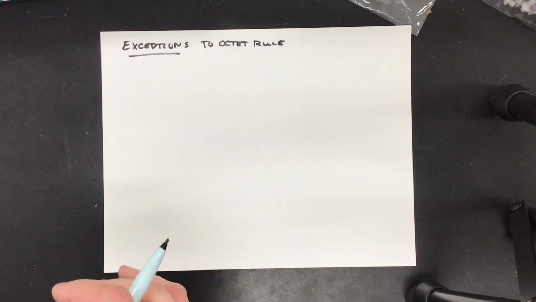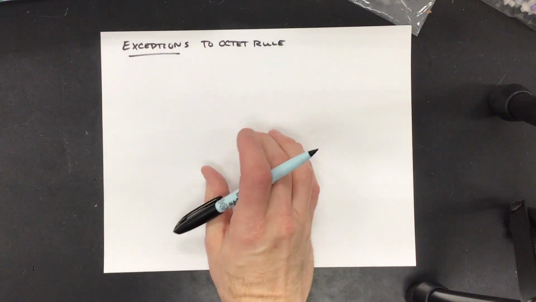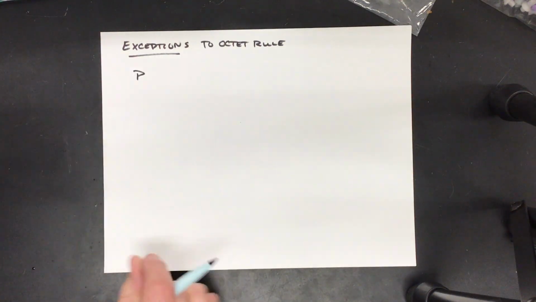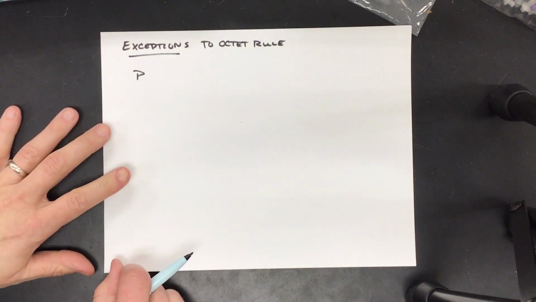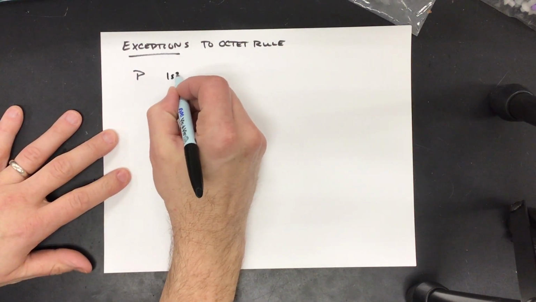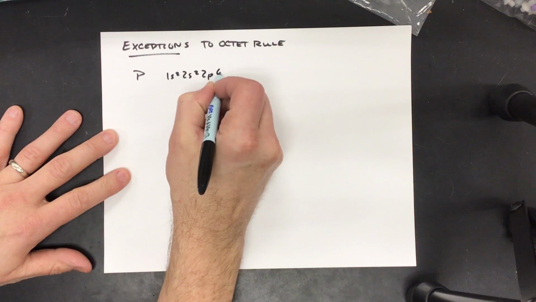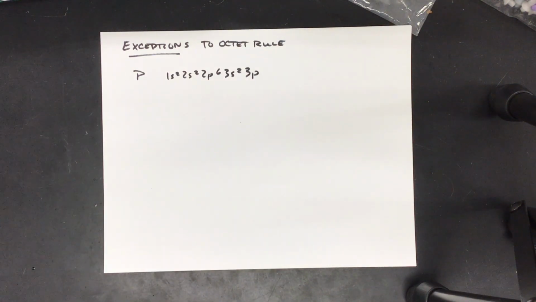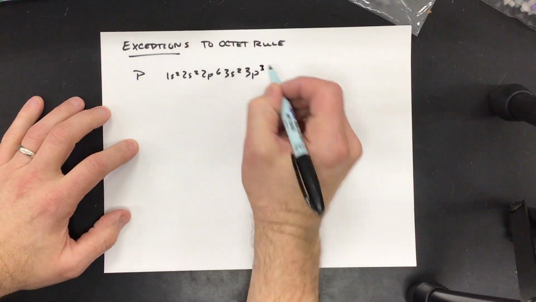Let's take an example. Let's do an example with phosphorus, P. So phosphorus, if you did the electron configuration notation for it, it'd be 1s2, 2s2, 2p6, 3s2, 3p3.